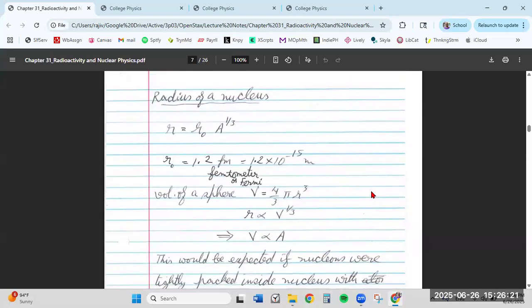The radius of a nucleus is given by this equation: a constant R naught times the A value, the total number of nucleons, raised to 1/3, or the cube root of A. R naught has a value of 1.2 femtometers.